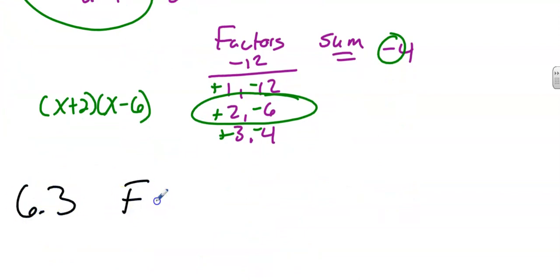We're still factoring trinomials. But the big difference in 6.3 is that we go from the first term being 1 to the first term being something other than 1.